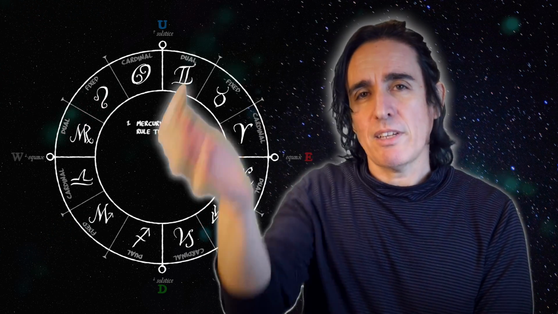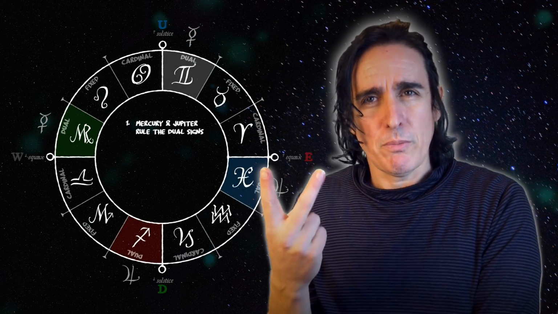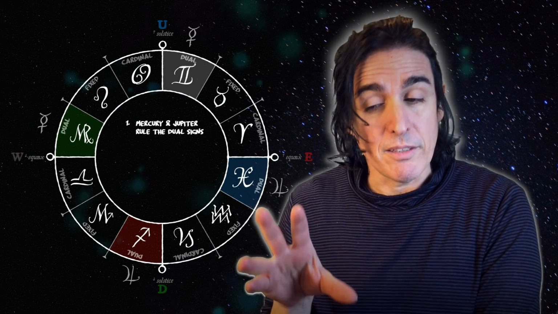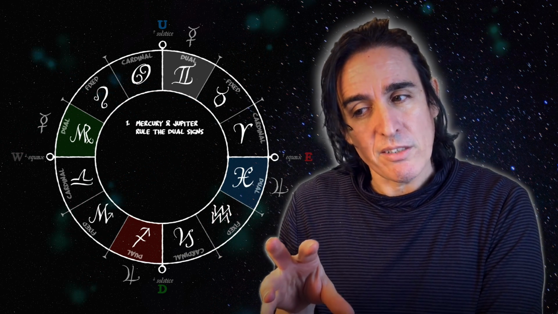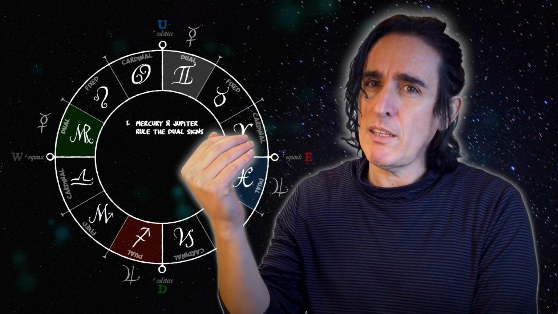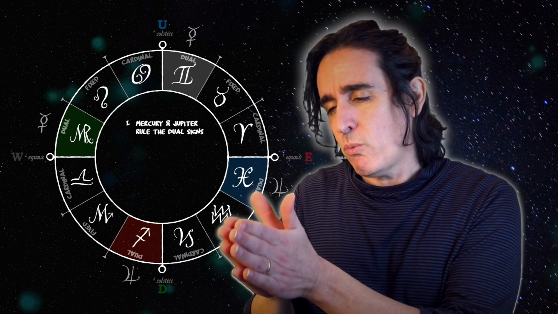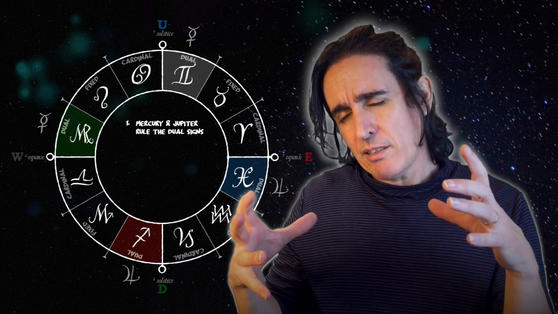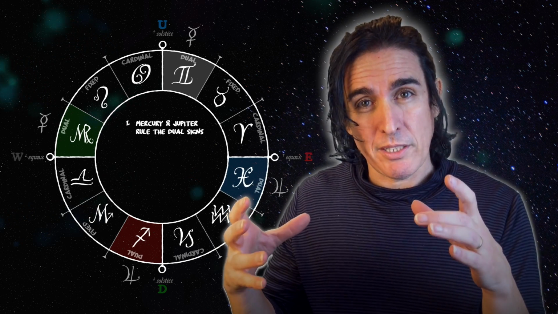As far as the dual signs go, they're only ruled by 2 planets, Mercury and Jupiter. This is very important for understanding the nature of the dual sign. The nature of the dual sign is finishing one thing while looking to start another thing, right? The nature of the dual sign is neither fully committed to fixed nor fully committed to cardinal, but trying to see how both cardinal and fixed work together.